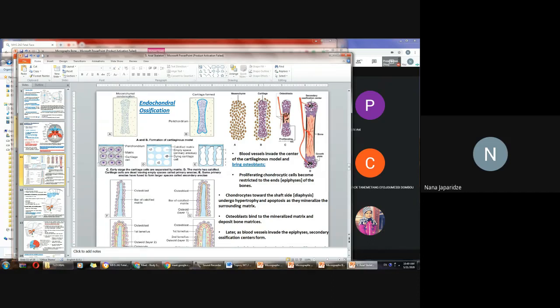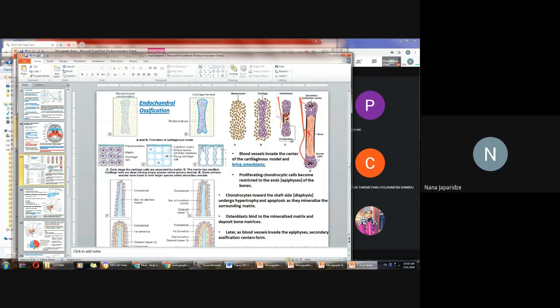Later, this cartilage matrix undergoes calcification and the cells die and give rise to empty spaces.